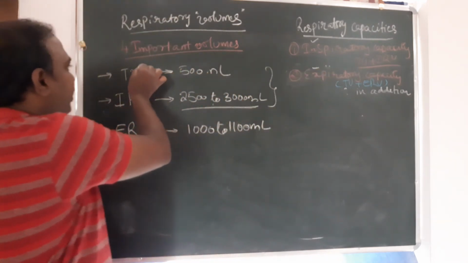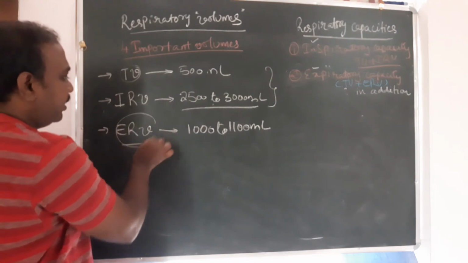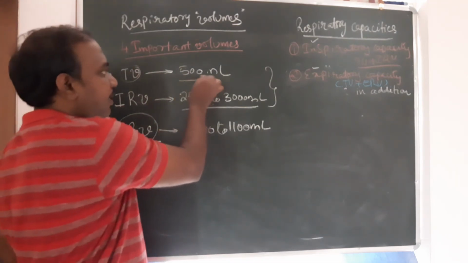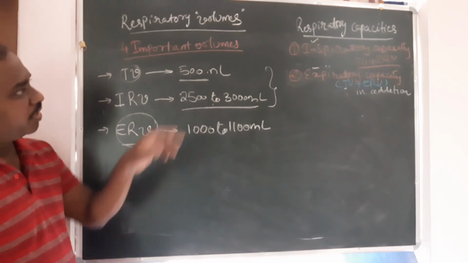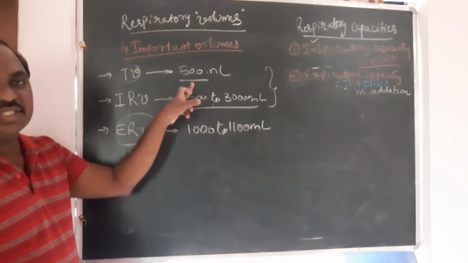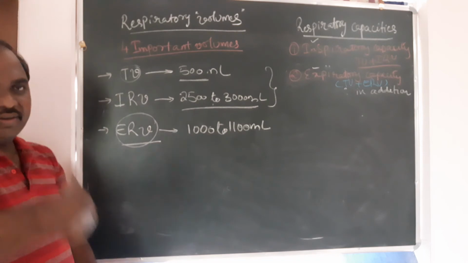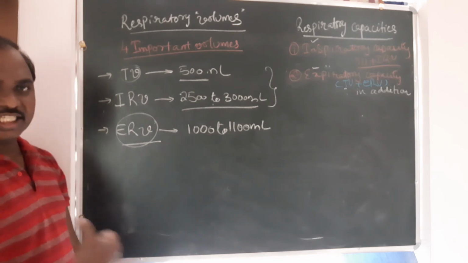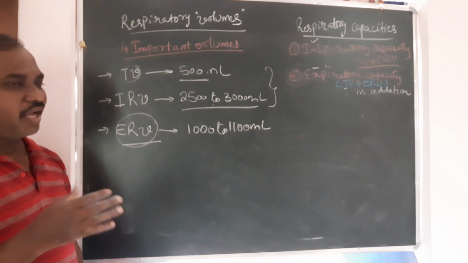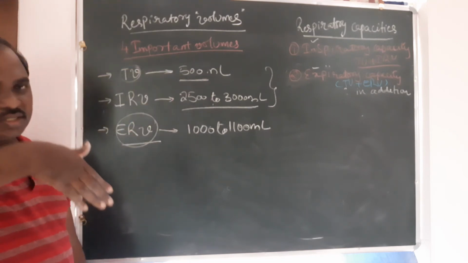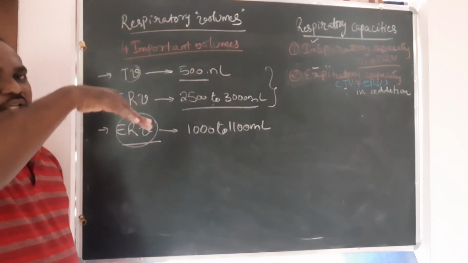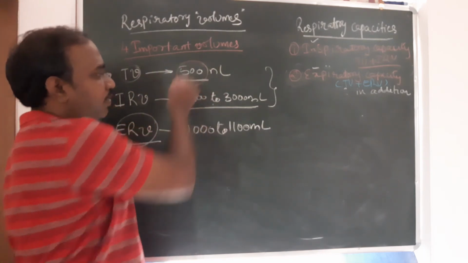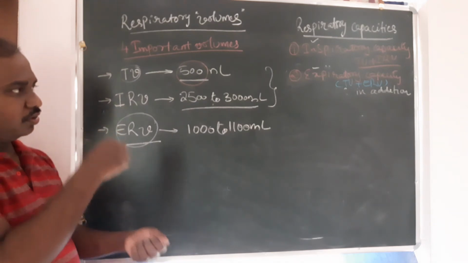What are we including here? We are including tidal value and expiratory reserve value. You see the tidal value of 500 ml includes inspiration and expiration as well, because in our respiratory system we only have one pathway for inspiration and expiration. We don't have a separate pathway for inspiration and a separate pathway for expiration. So it's not like that. That is why it is 500 ml both for inspiration and expiration, right?